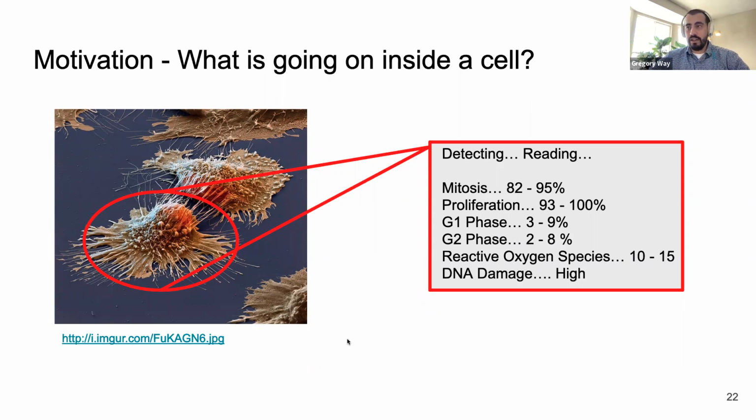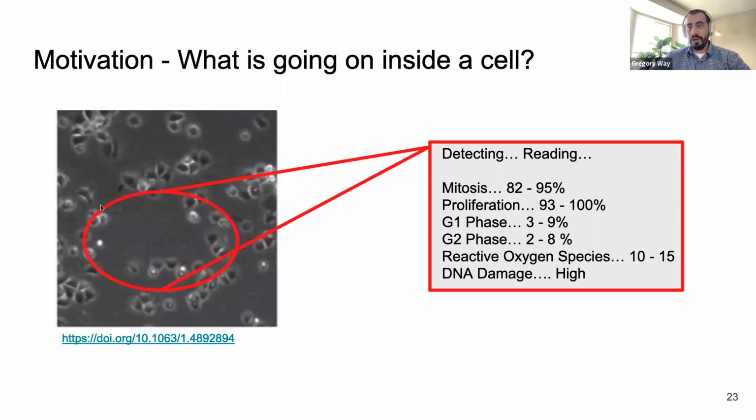And it also looks like it has high DNA damage. This is obviously an example, but it would be really cool if we could go from this kind of resolution data, which is much cheaper to collect and might not provide as much information, or maybe work on our microscopes to collect higher resolution images, but be able to perform this type of detection to determine what's going on under the hood.